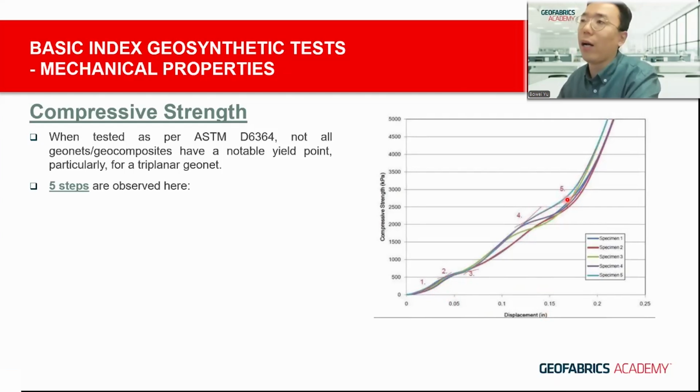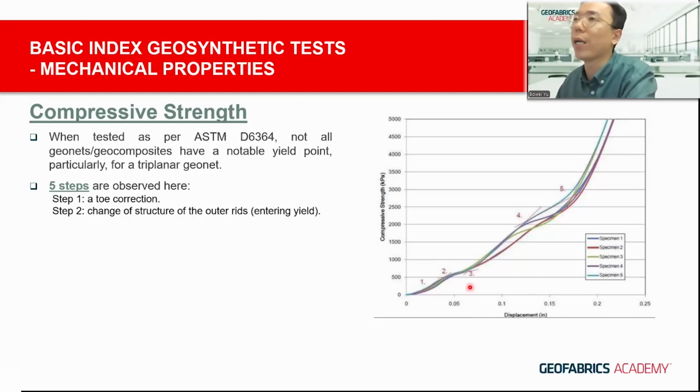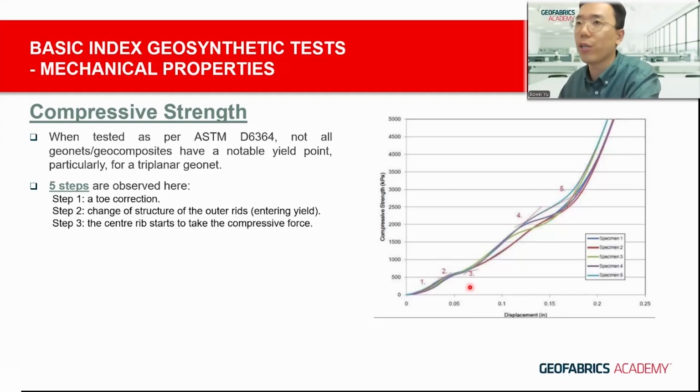We can actually analyze why we have such five different stages here. Stage 1 is the toe correction, when the product starts to take force. Stage 2 is the change of the structure of the outer ribs in a triplanar geonet when they enter the yield condition.